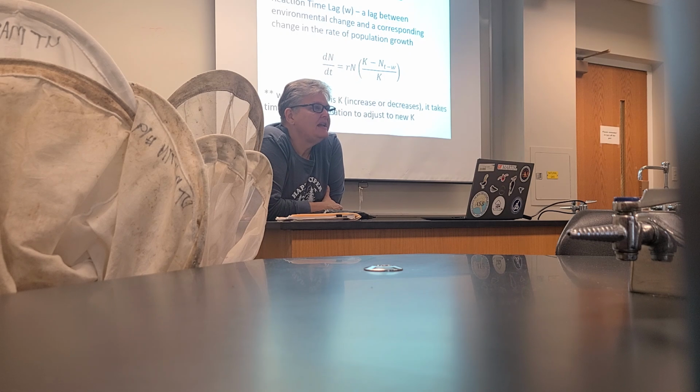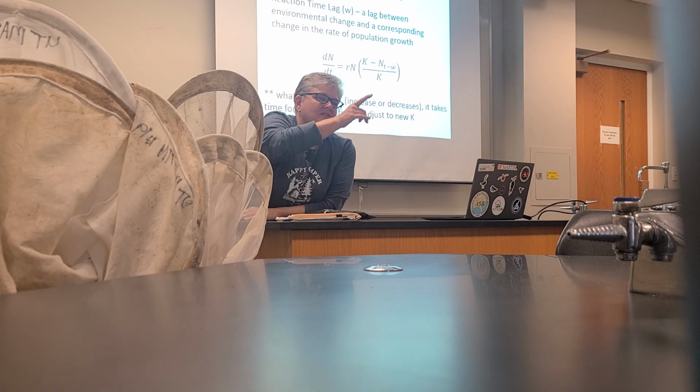And what this is saying is, at first, the population size is going to be at the old carrying capacity, because essentially in this situation, what's happening to the carrying capacity? It's changed, it's become lower, right? And so at first, when the drought first starts, it's going to be at its old carrying capacity. And it's going to take a minute, well, probably more than a minute, for them to figure it out.